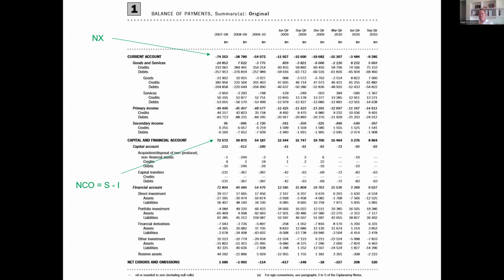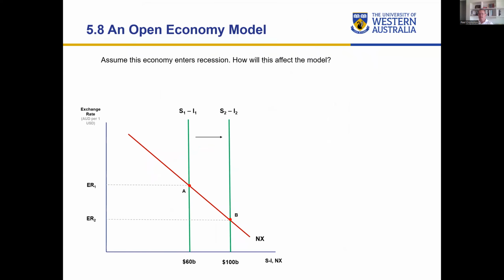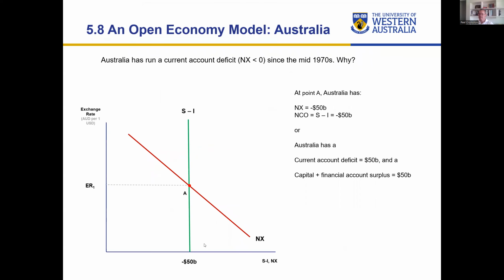In 2008, 2009, savings must have been less than total borrowing to the tune of $38.78 billion. You get the idea. So what's causing all of these current account deficits? It must be a negative savings investment imbalance. That's the way the model works.